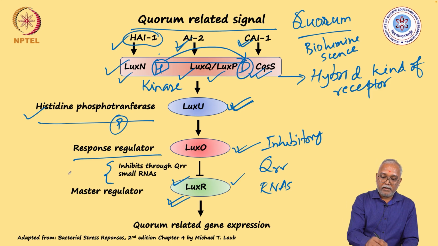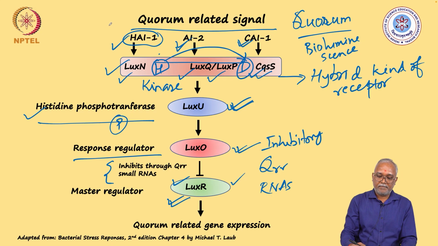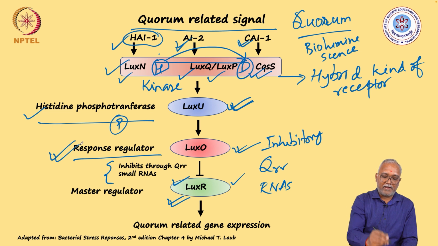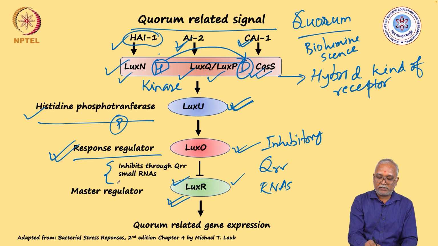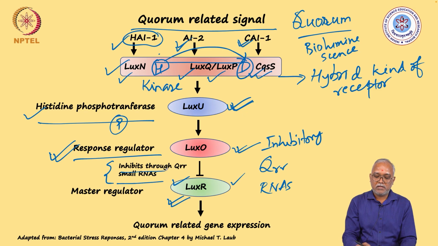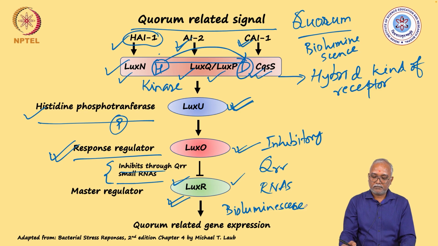So when there are low levels of bacteria, you will have the signaling moving forward, a response regulator will be activated, and this response regulator will ensure that inhibitory RNAs are synthesized, which will ensure that Lux R is not produced. So in normal condition, you will not have bioluminescence. And when I say normal condition, I mean the low density of bacteria.